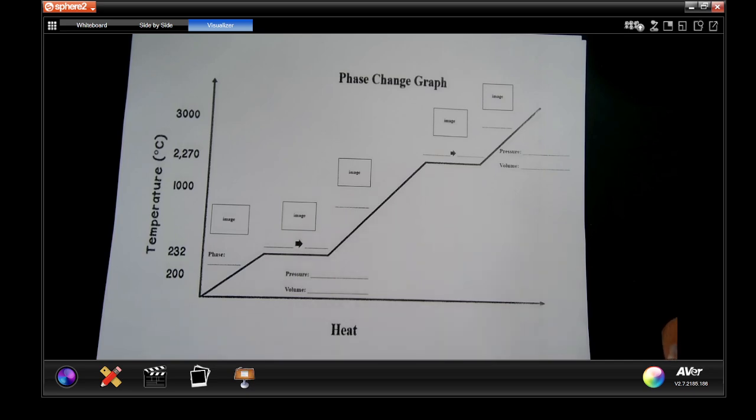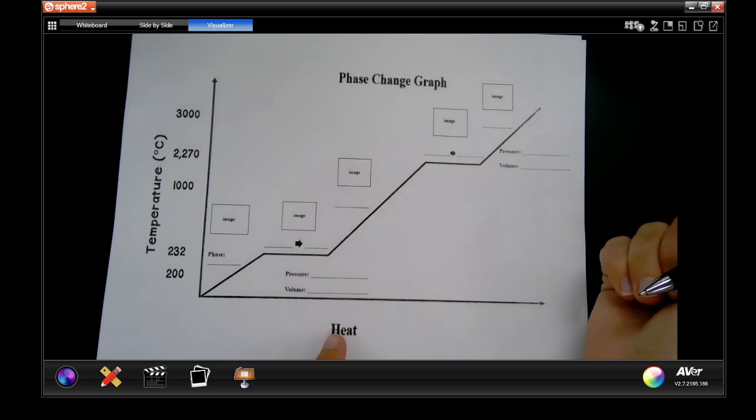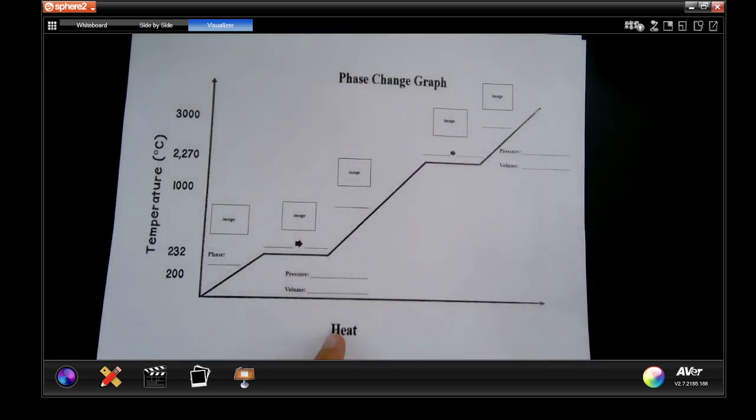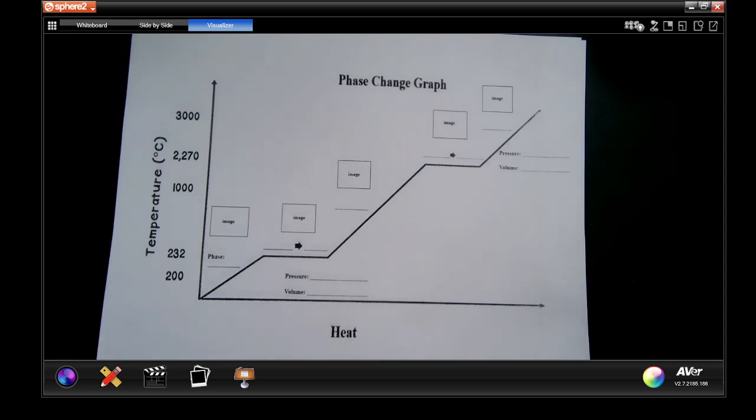What are the 2 things heat depends on? Speed and mass. So if I'm not changing mass, then I'm changing the speed. How do I know that I'm changing the speed here? Because what's changing over here? Temperature. And what measures speed? Temperature. Okay?